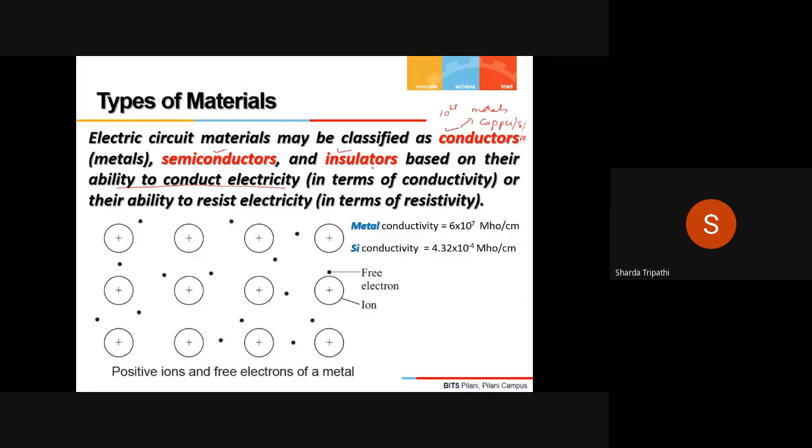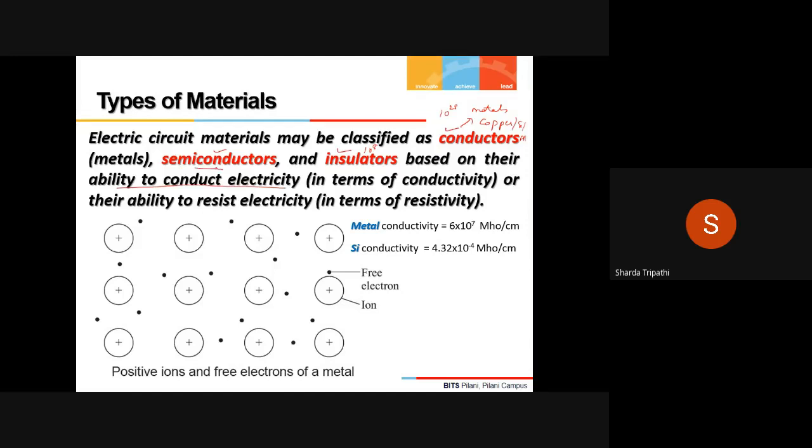Insulators are those materials that do not conduct electricity at all. So here the conductivity is very low, typically on the order of 10 to the power 8 to 10 to the power 10.